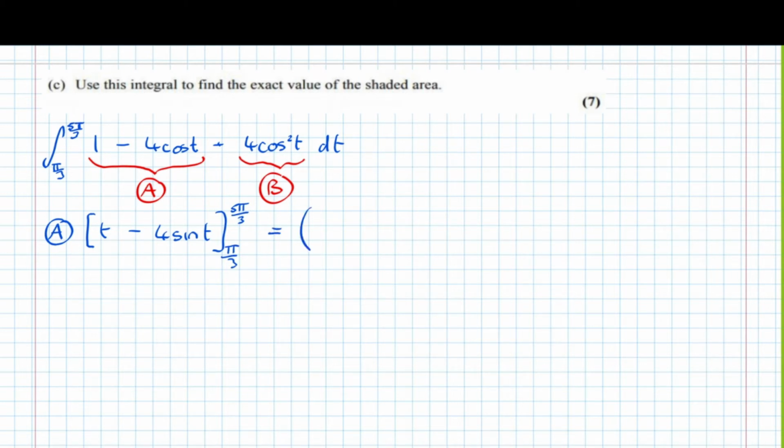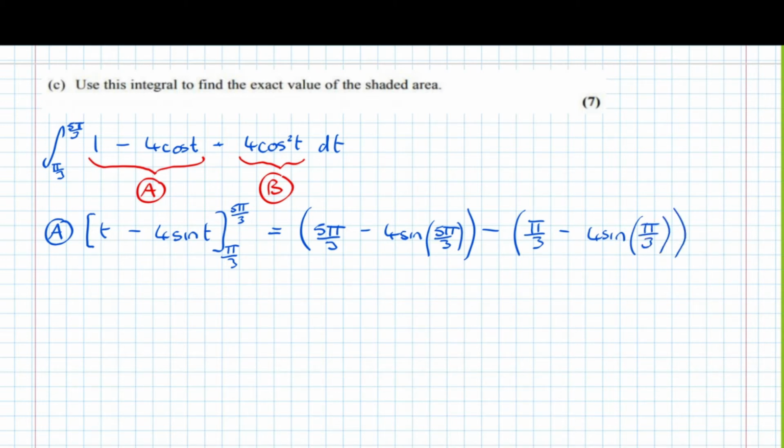Equals, then just sub the limits in. So we've got 5 pi over 3 minus 4 sine of 5 pi over 3, take pi over 3 minus 4 sine of pi over 3, like that. And 5 pi over 3 take pi over 3 is 4/3 pi.